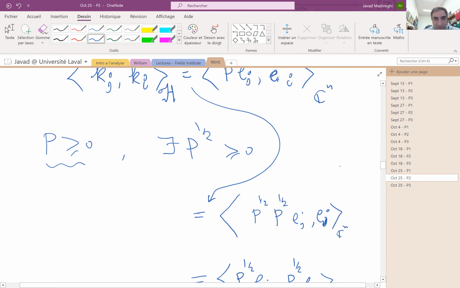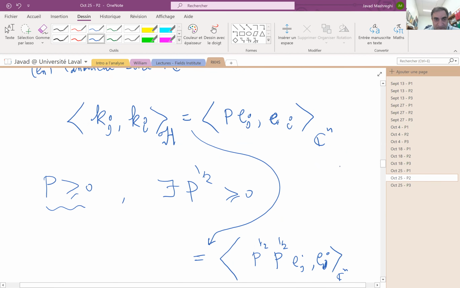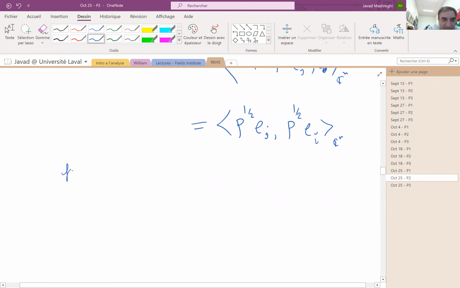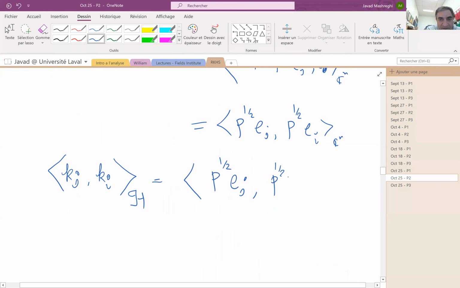This is good now because now I have something symmetric. So Kj inner product with Ki in the space H is equal to the inner product of P half Ej and P half Ei in Cn.